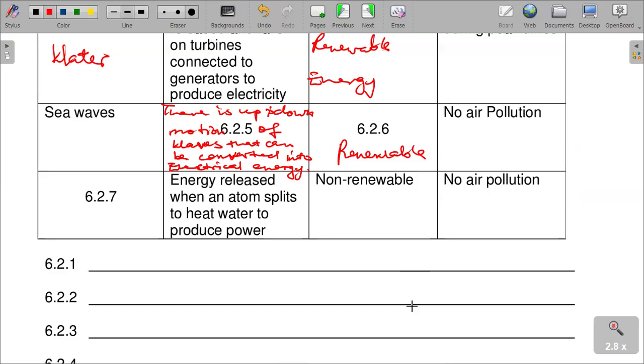Number 7, energy released when an atom splits to heat water to produce power, and then non-renewable and no air pollution. So 6.2.7, we can talk about the radioactive element. Radioactive element, energy released when an atom splits to heat water to produce power.